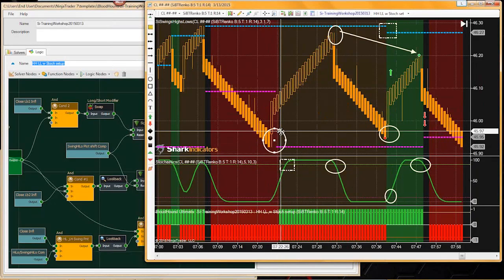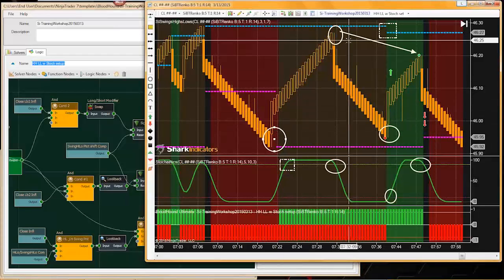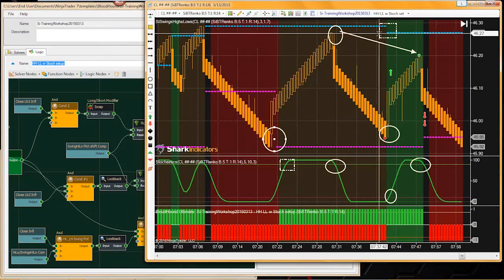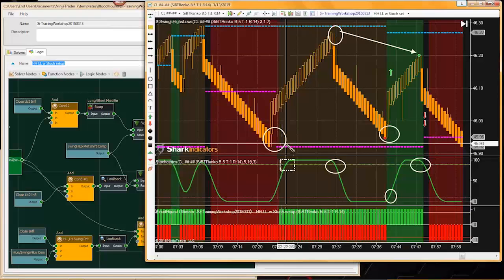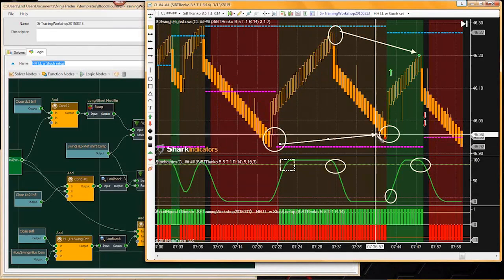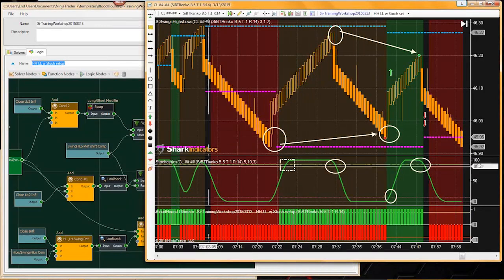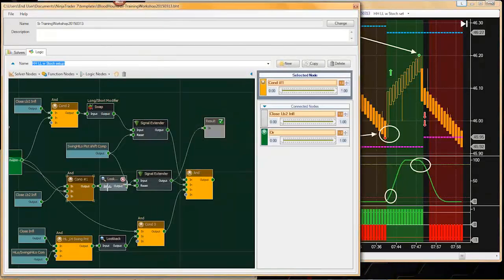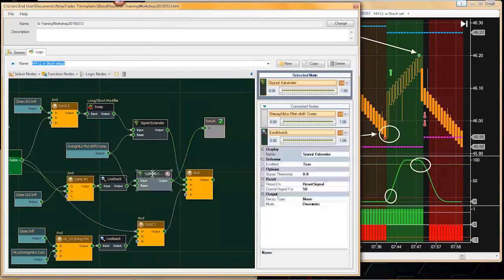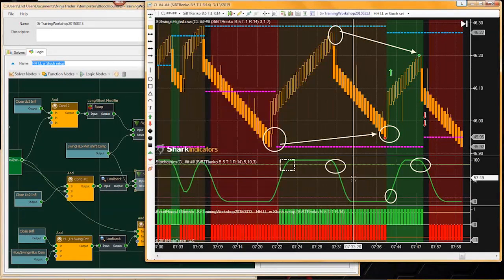So if we switch back to looking at the long signal, we are actually looking at the signal extender for condition 1 still.